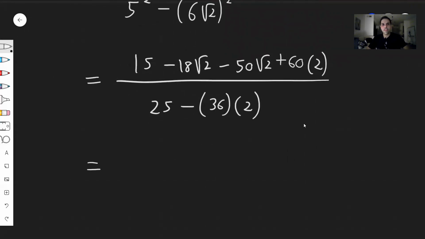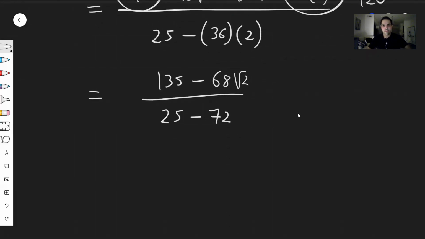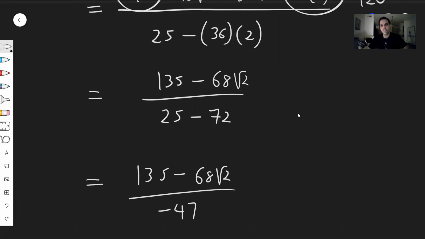And again, calculate this. So this is 15, this is 120. So 15 plus 120 is 135. Then minus 18 minus 50, that's 68 square root of 2. And then you get 25 minus 72, which I believe is minus 47. So 135 minus 68 square root of 2 over minus 47.